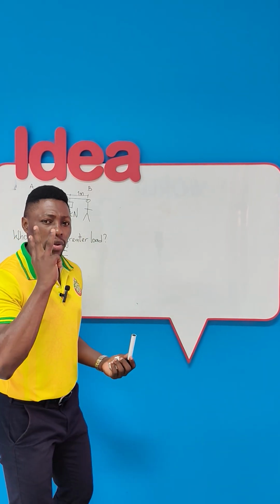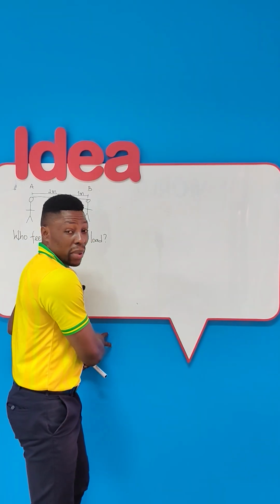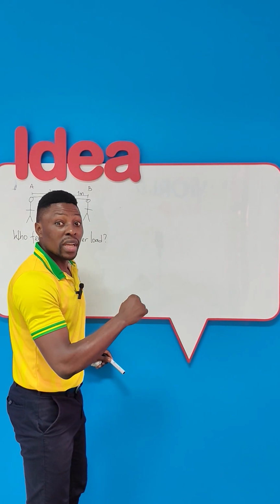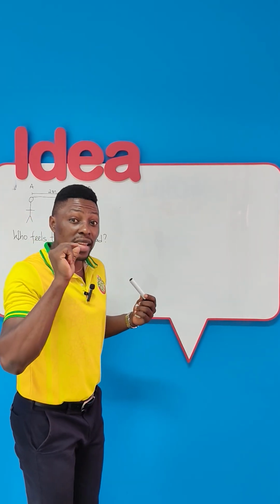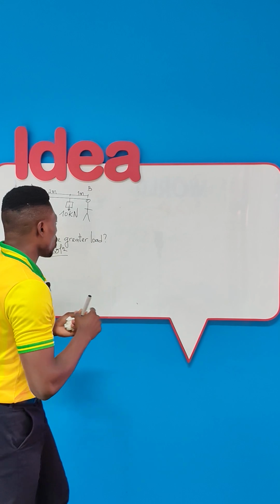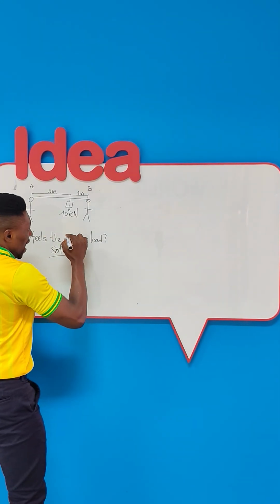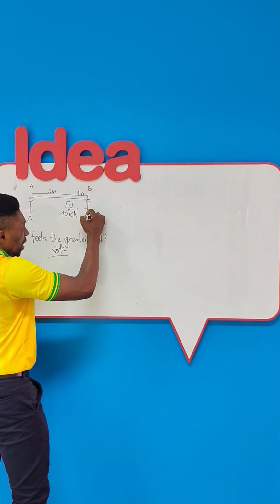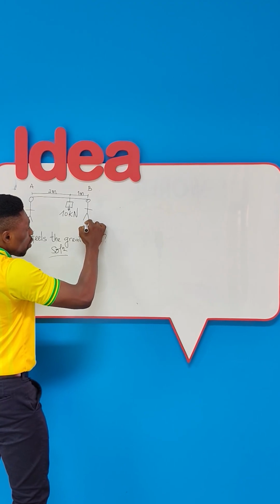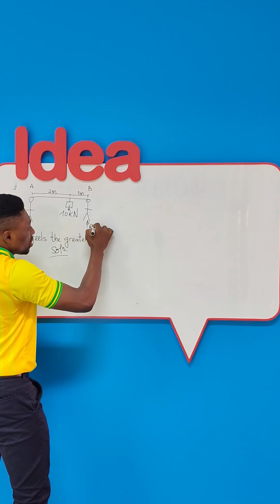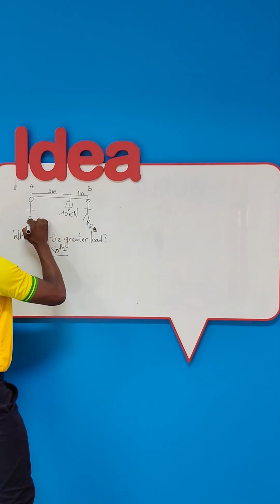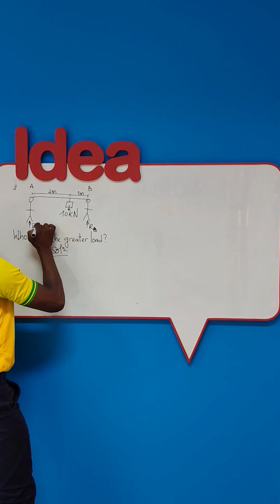Because in accordance with Newton's third law, if I apply a push on this wall with a certain force, F Newton, this wall also applies an equal push on me with the same F Newton, okay? So it means that this person here applying a force on this floor is also receiving an equal force from the floor, which we will denote here as RB for this case, and then that of this person will be RA.